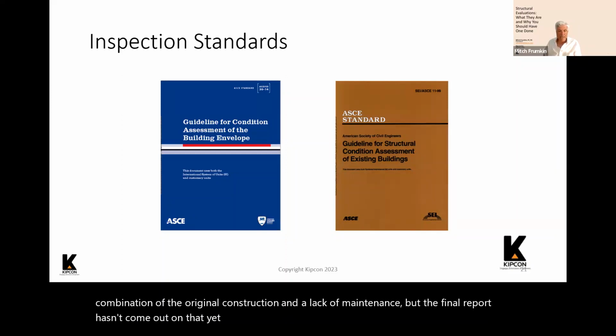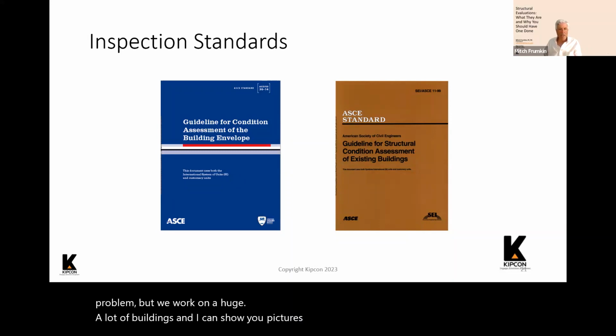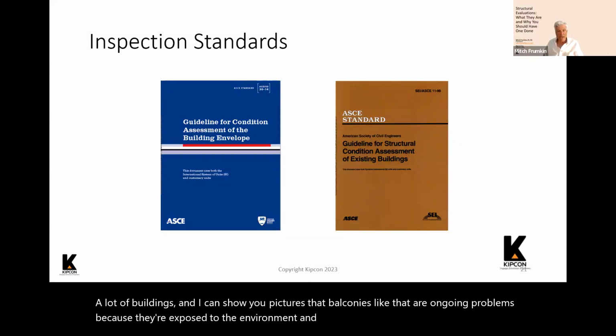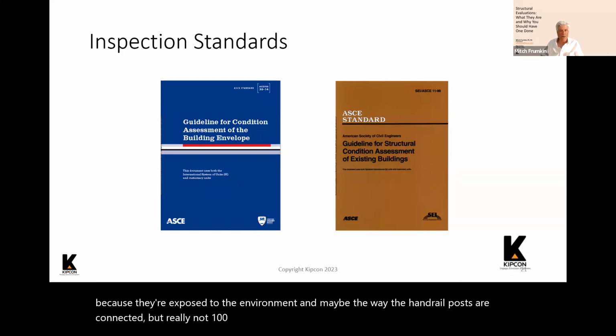But I will tell you that one collapsed clearly and was a big problem. We work on a huge number of buildings, and I can show you pictures that balconies like that are ongoing problems because they're exposed to the environment, and maybe the way the handrail posts are connected, but I'm really not 100% sure why that one collapsed at this point.